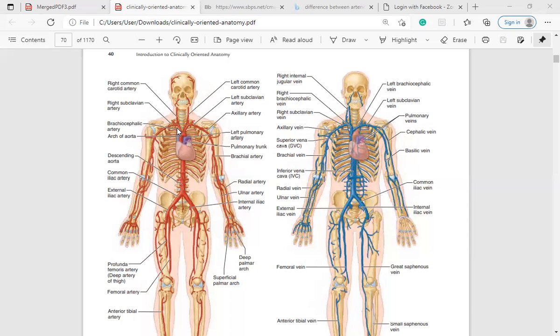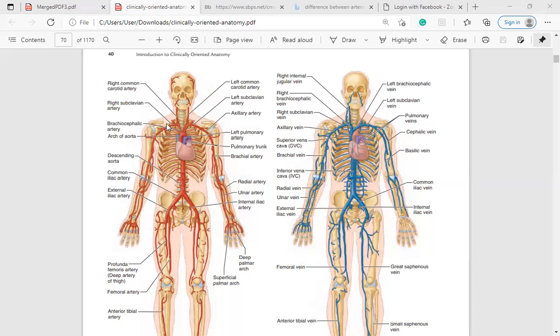But on the right side, the aortic arch only produces a brachiocephalic artery. Then it is that brachiocephalic artery, or brachiocephalic trunk, if you want, that now splits into the right common carotid artery and the right subclavian artery.